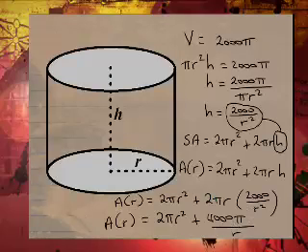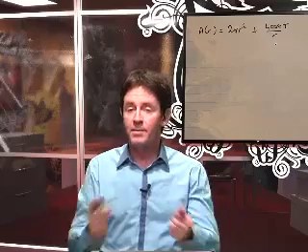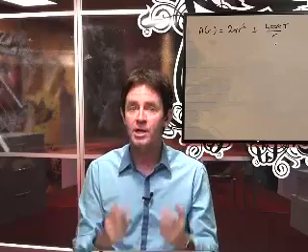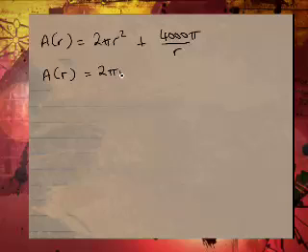Great, so we can plug that in and now differentiate. But what is the first thing you've got to do? You've got to first rework the equation in a form that you can differentiate. So we've got A of r is 2 pi r squared plus 4,000 pi multiplied by r to the negative 1. You've brought that up there. Now we can differentiate.